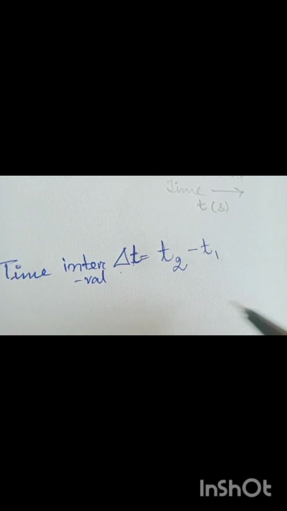Let this be t1 and this be t2. The difference between the two times, t2 minus t1, is called the time interval.